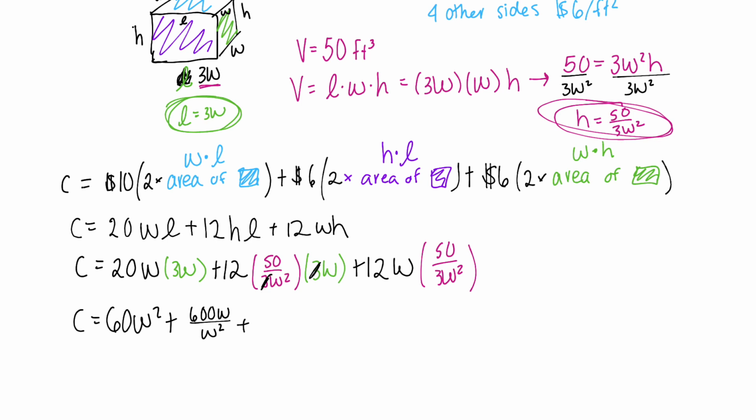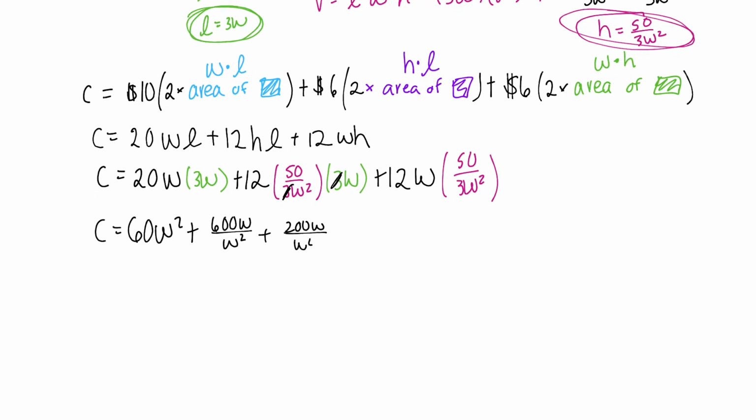Plus, over here, 12 divided by 3 is 4. 4 times 50 is 200. So we have 200w over w squared.